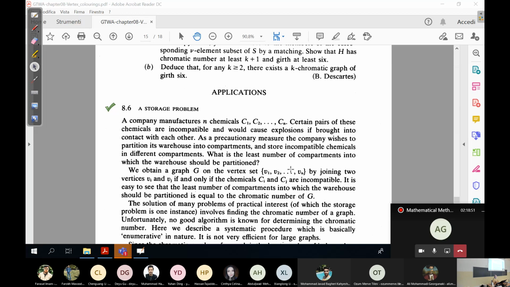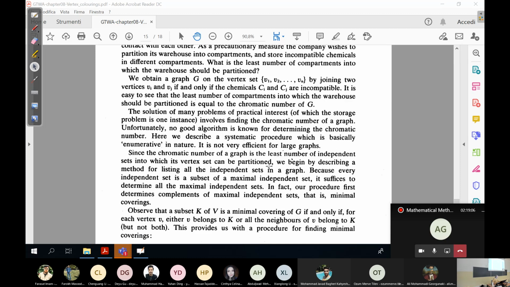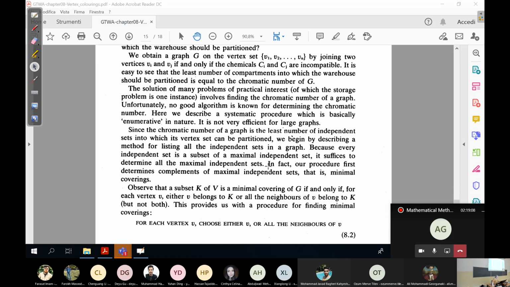So compatible, okay? And so you want to save the number of storage rooms, and that corresponds to the minimal number of the coloring, okay? All right. Now, how to try to give colors to a given graph.